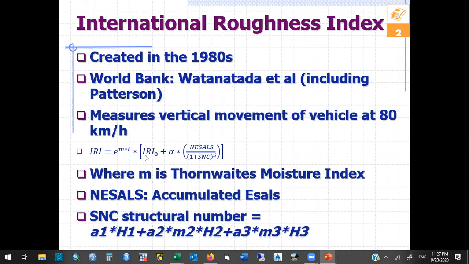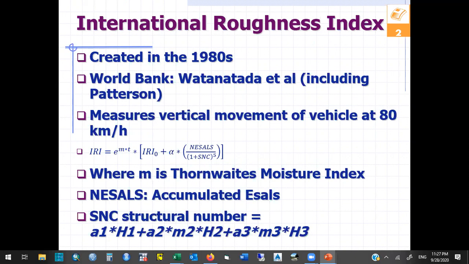You have the initial rutting at the moment of construction, which is typically like 1.8, sometimes 1.5 if the contractor is not very good. And you have M, which is a coefficient called Thornthwaite moisture index. This is the amount of moisture by the climatic region. And then based on that, you establish the amount of roughness that you have.